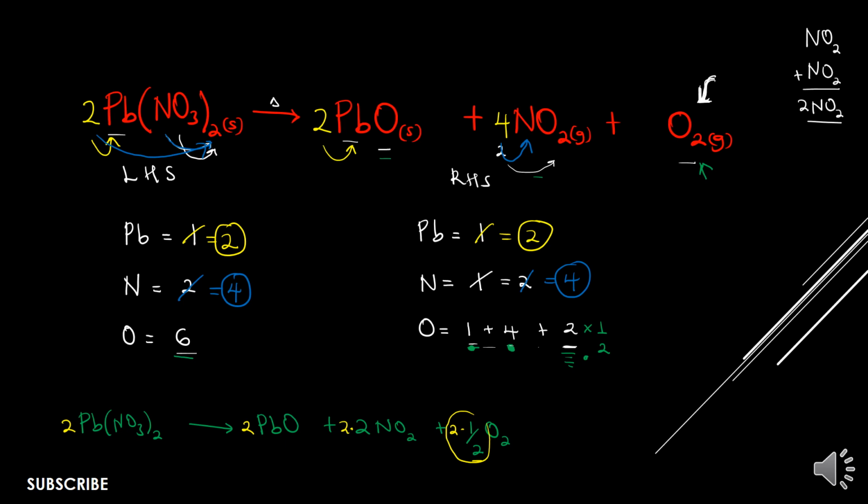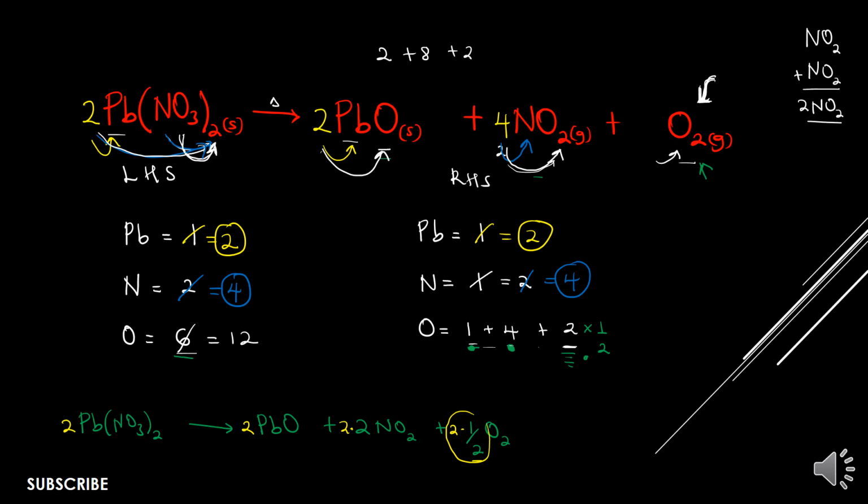Then lastly we have oxygen. Oxygen initially we had 6 times now this 2, that will be 12. On our right hand side we have 2, so let us write it here, 2 plus 4 times 2, this is 8, 2 plus 8, then plus 2 here.